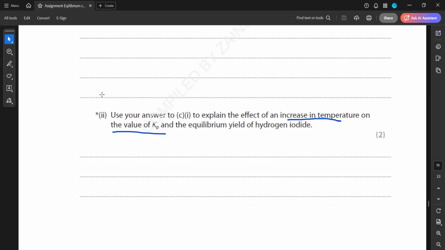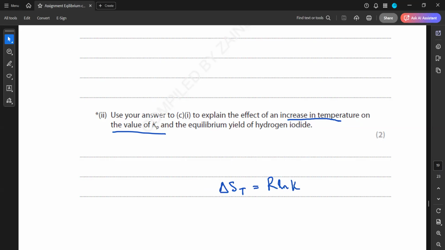And there's a relation between the total entropy and the Kc or Kp. That is, the total entropy is equal to R ln K. That's a formula which shows the relation with K, which can be Kc or Kp.